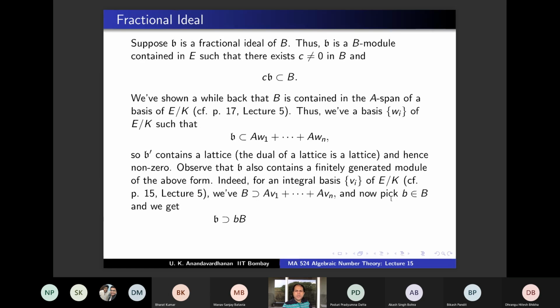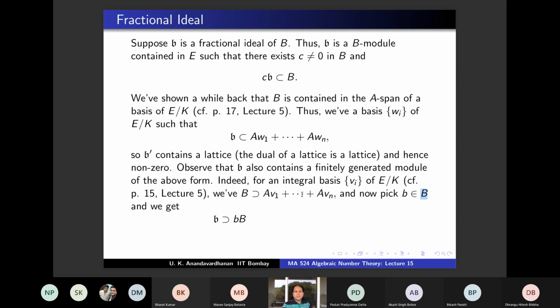And now if you pick any element small b, yeah, this is a typo. Pick b in the fractional ideal script B. So this is not capital B, but script B. Then B contains bB, right? b is an element from B. So B contains the ideal generated by b.